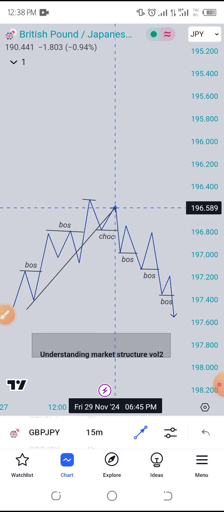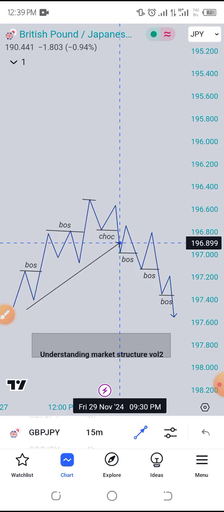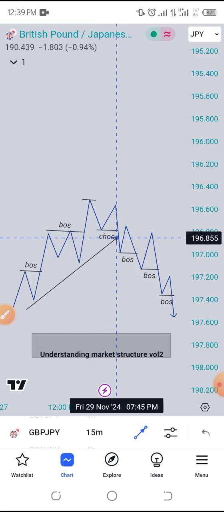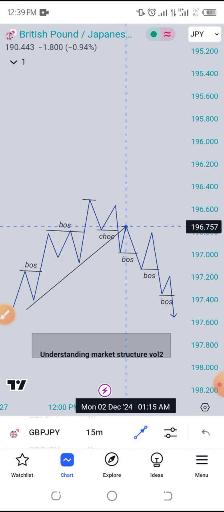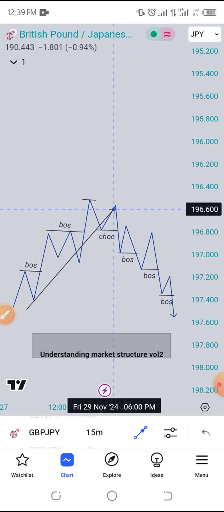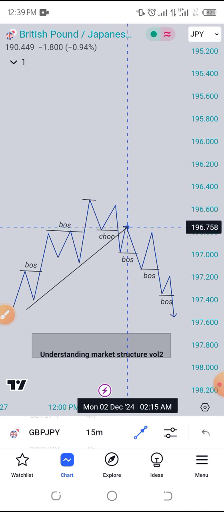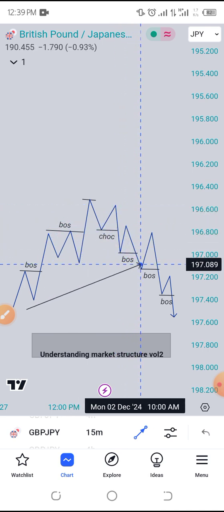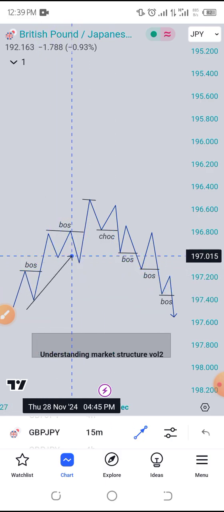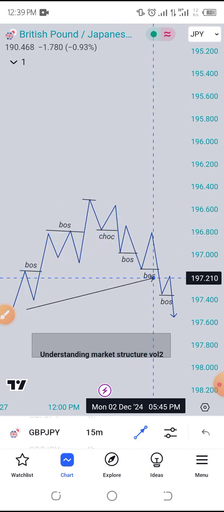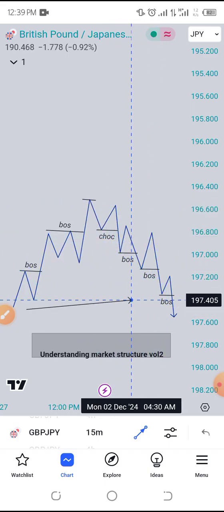So can you see the market now retraced down, broke this new low that you see right here, and retraced a little bit above, could not break above this new high that you see right here, and started breaking structure to the downside? We can now say the market changed structure from the bullish trend that it was, and it now started forming a bearish trend that you see right here.